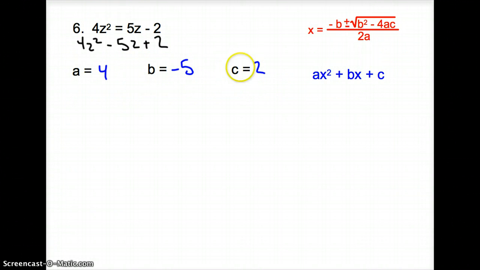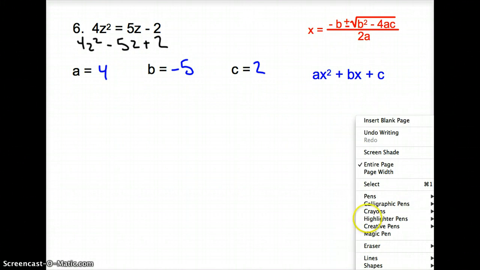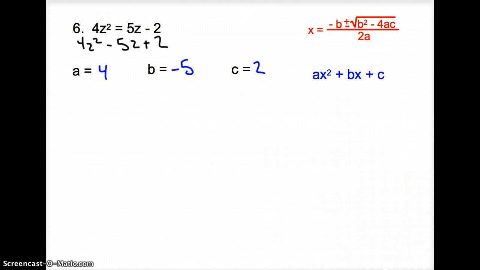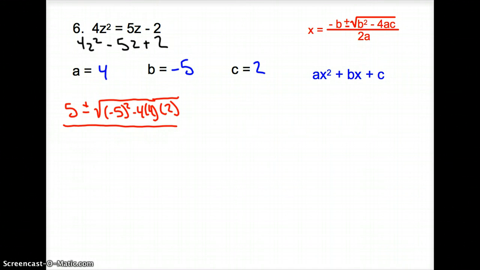Again, we are going to plug these letters into our quadratic formula for the last time, and we get opposite b, which is 5 plus minus the square root of -5 squared minus 4 times 4 times 2, and I'm going to extend this square root a little bit farther.